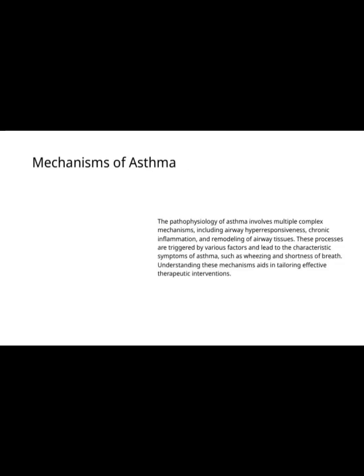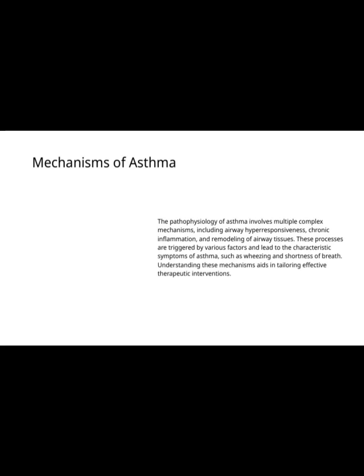Let's take a closer look at the mechanisms of asthma. The underlying pathophysiology is quite complex, involving several key processes. First, airway hyperresponsiveness. That's when the airways overreact to various triggers, constricting more than they should. Then, there's chronic inflammation, which means persistent inflammation inside the airways that can cause swelling and damage over time.